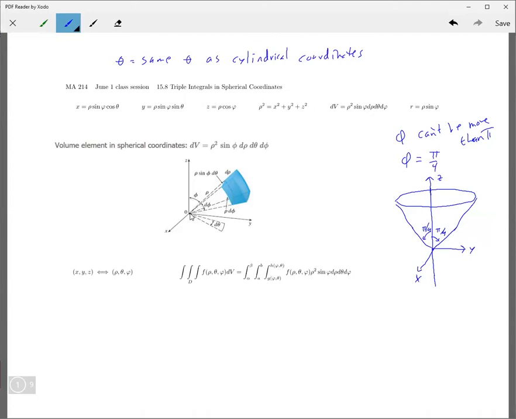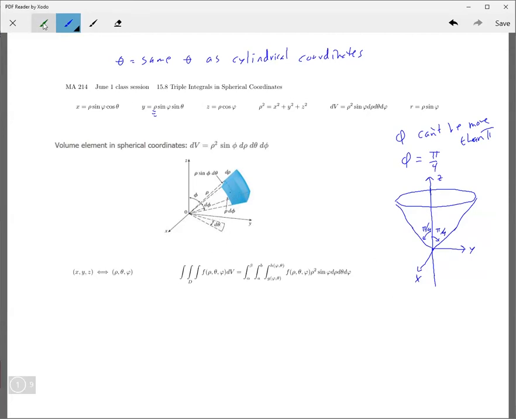Rho is, okay, so here r was the distance from the z-axis. Rho is the distance from the origin to whatever point you're talking about.